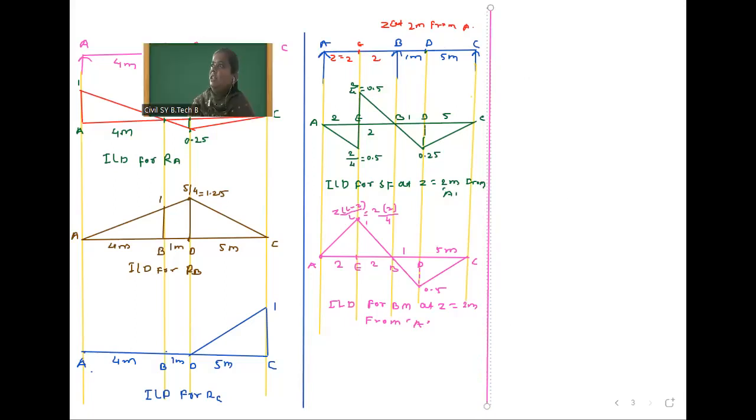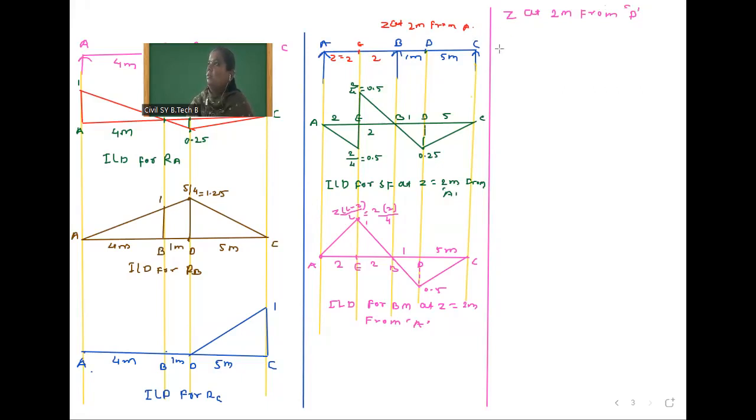The second condition is Z at 2 meter from the D point, 2 meter from D, which means 3 meter from C. So this is the second possibility.